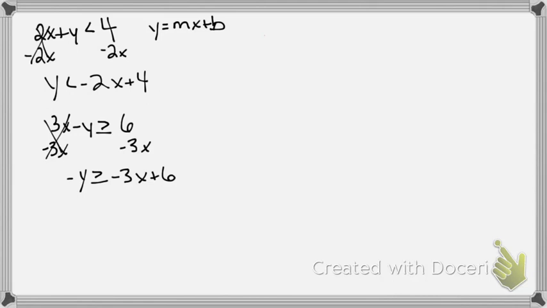So, to get this negative by itself, I have to divide both sides by negative 1. So that flips that sign. It changes all the signs on both sides and flips the inequality sign. I see. Okay?